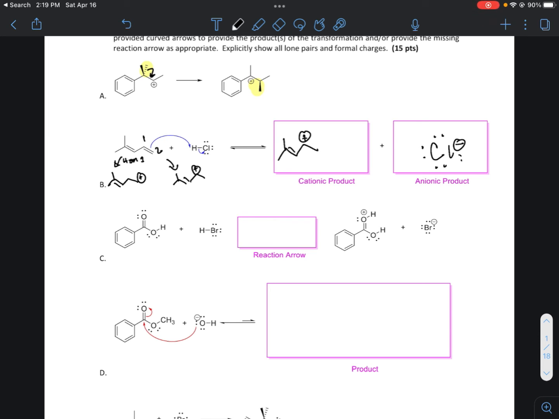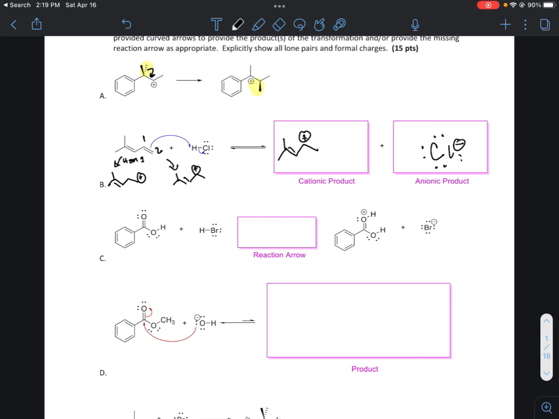Looking at this one, we first have to draw in the electrons moving, and we also have to determine where the arrows are going to go. This is a pretty simple acid-base reaction. To figure out which one is the acid and which one is the base, we can put the pKa's of the different ones.